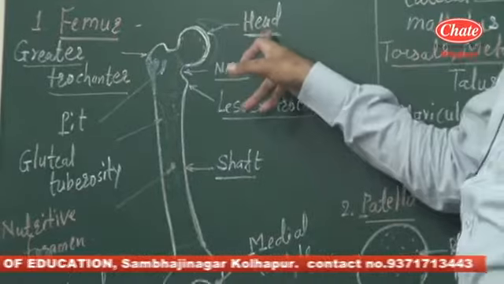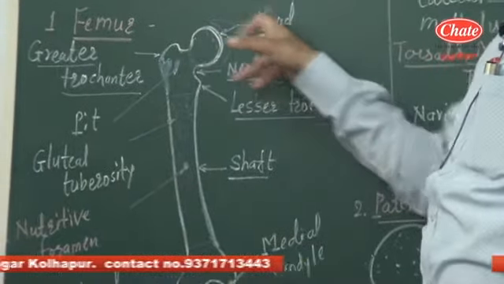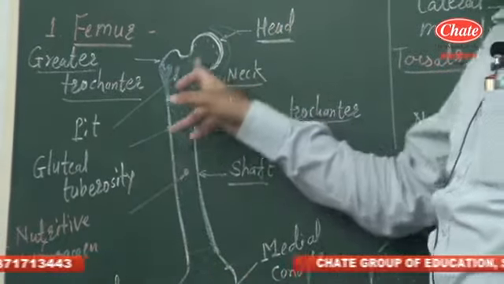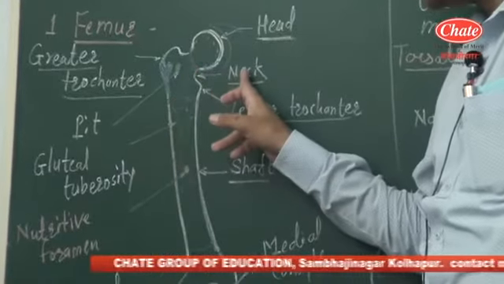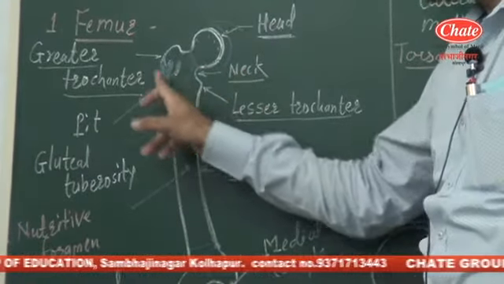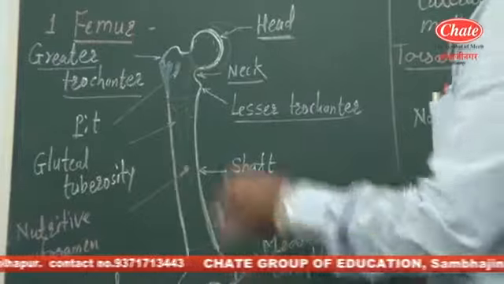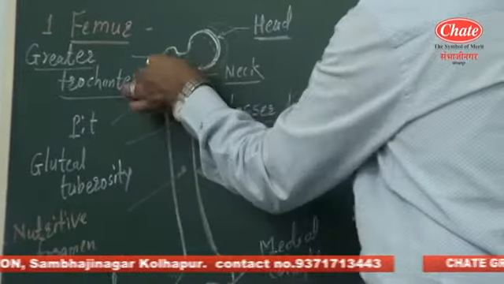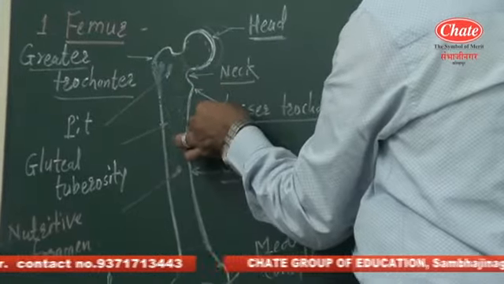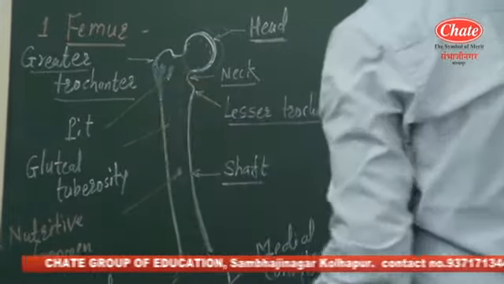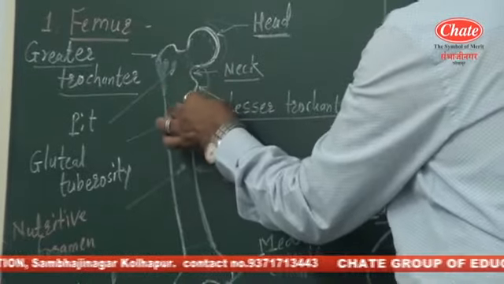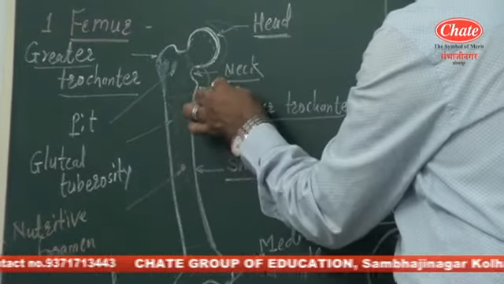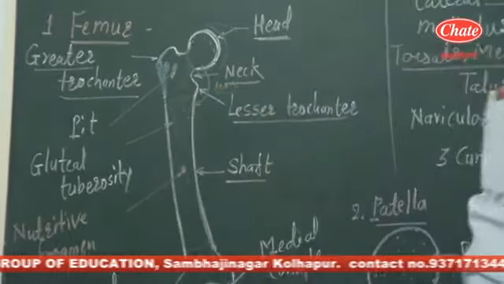It easily dislocates, this head from the acetabulum cavity. At the base of the head we can observe the neck, and the neck is associated with two tubular outgrowths, the greater trochanter and lesser trochanter. The greater trochanter and lesser trochanter are present at the anterior side. The head makes an angle with the shaft, and it is 120 degrees.